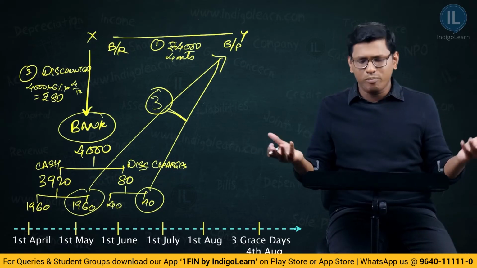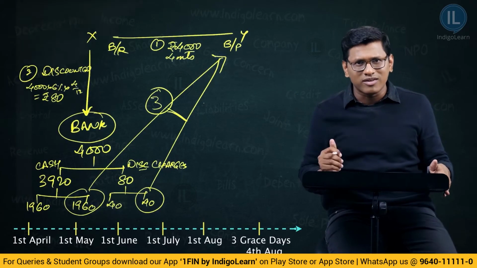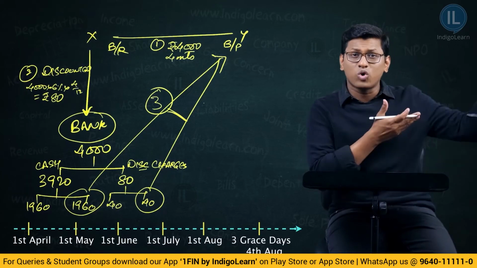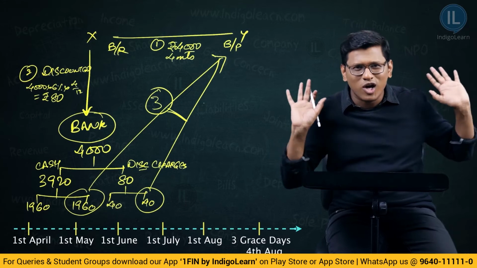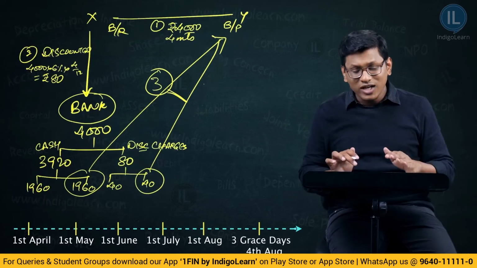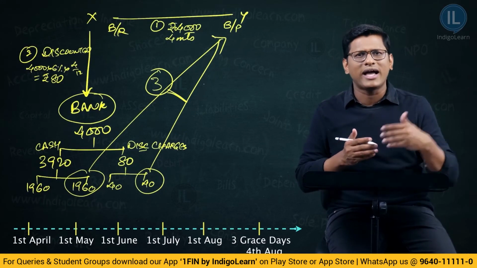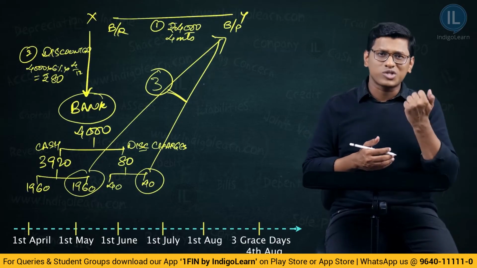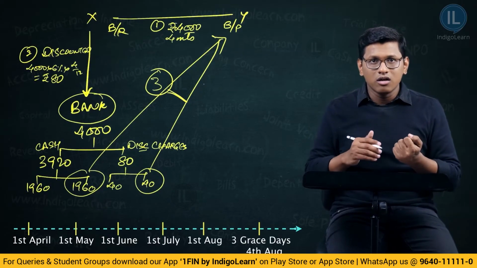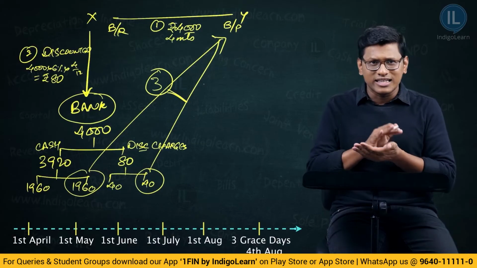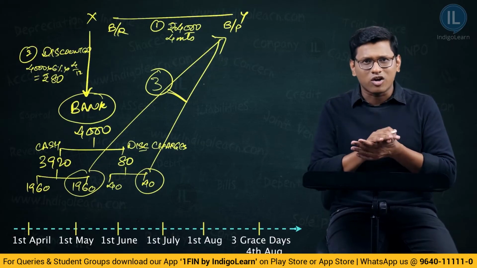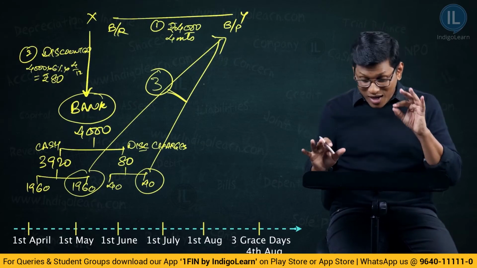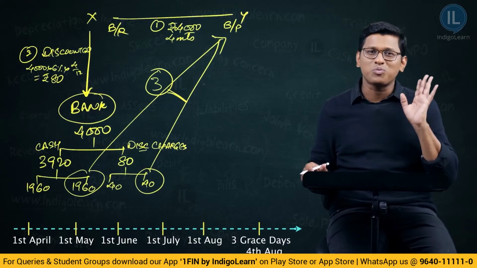According to bank, somebody came and discounted bill with me, and on due date I have to go to Y and collect that money. That's all the bank knows. So bank will go to Y on the due date and ask, please give me 4,000 rupees. Y can't tell, no, I got only 1960, 40 rupees was my cost. All this is irrelevant. Y has to pay 4,000 rupees to bank.